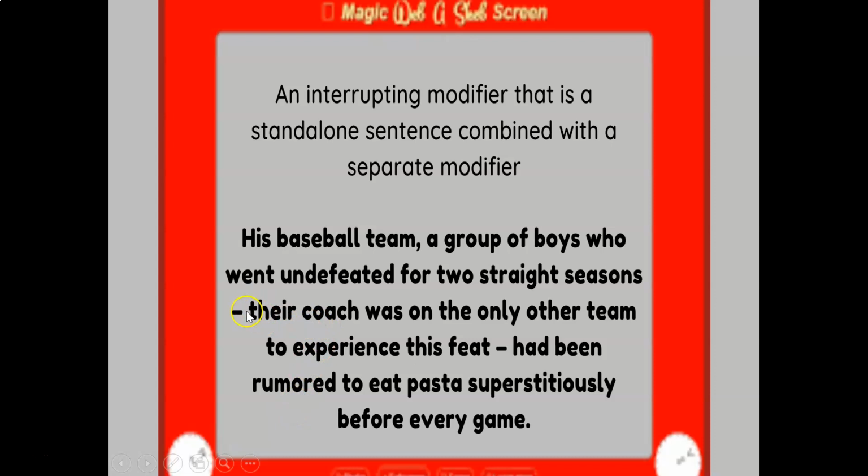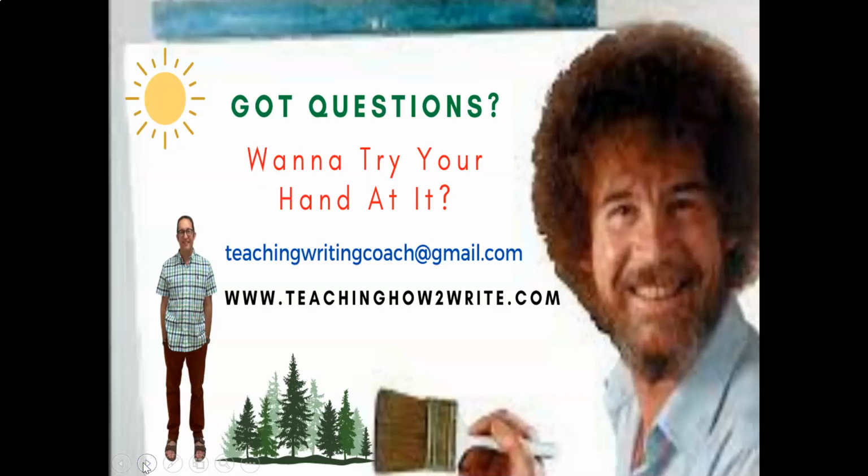So do you see that between the dashes you have an interrupting modifier, which is a standalone sentence, but it's a parenthetical, right? So in the old days, in the 80s when I was growing up, we would put that in parentheses, and these days we just do it with the dash. So the original Elements of Style that Strunk and White wrote would put that in parentheses, but professional writers really don't do that anymore. So that's that.